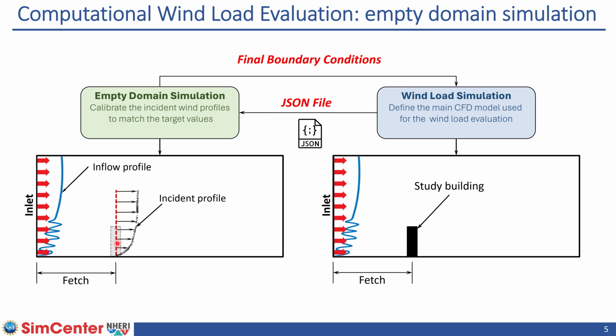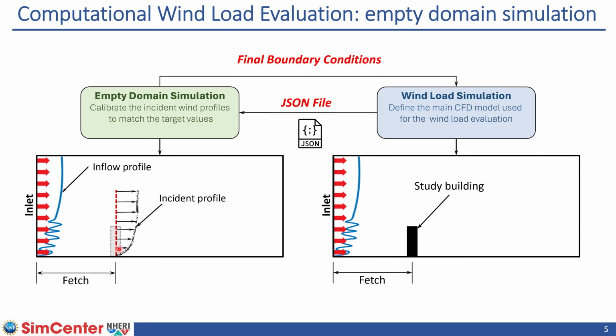If we are matching the target values accurately, then we are okay to run the wind load analysis that you see here. But if we are not matching the wind profiles accurately, we need to run additional simulations, changing the inflow boundary condition such that we match the target wind profiles right at the building location.